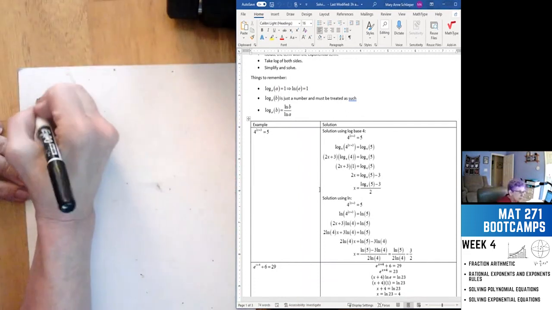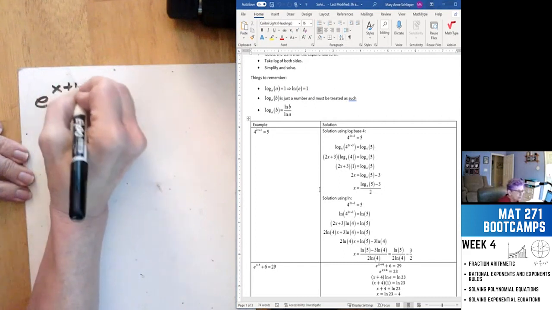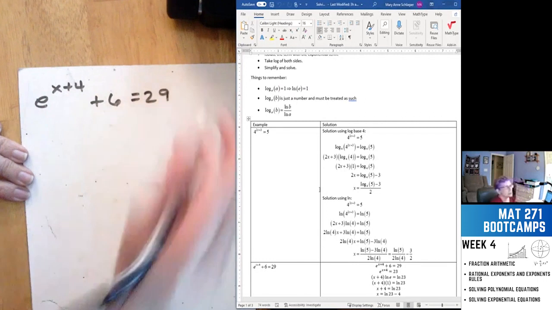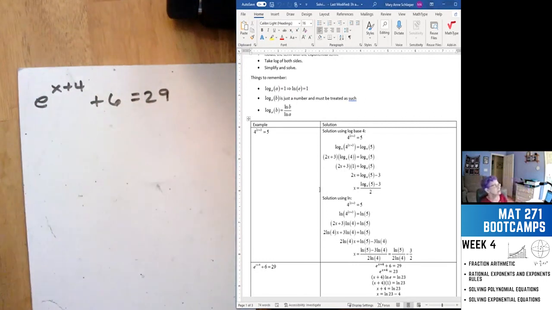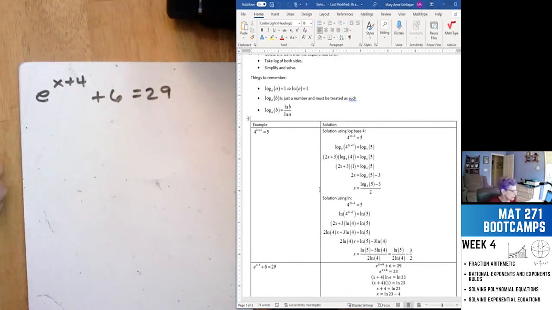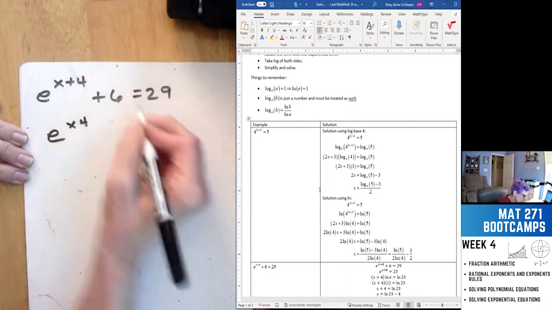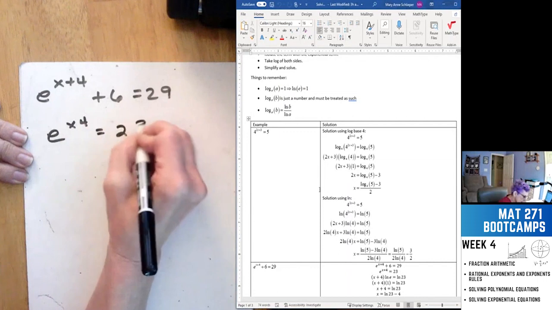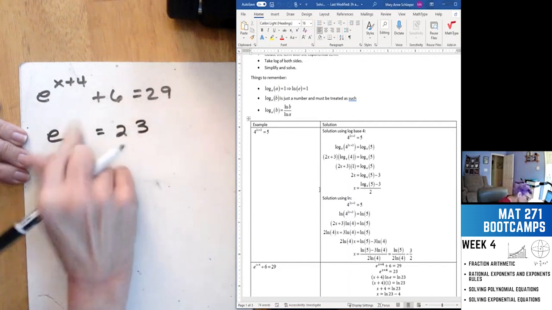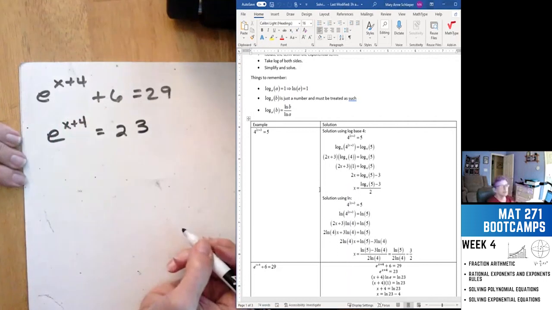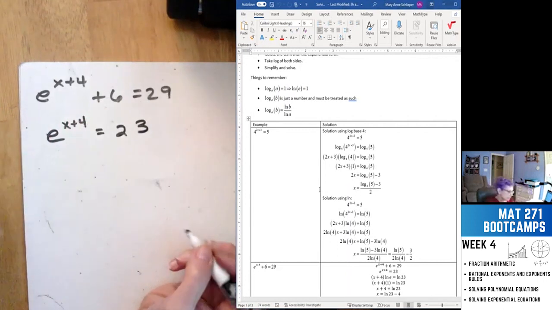So we have e to the x plus 4 plus 6 is 29. So just like before, we isolate that exponential term. So subtract 6 from each side. And that is e to the x plus 4 equals 23. And then we throw the natural log at each side.